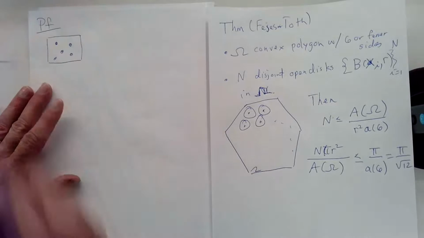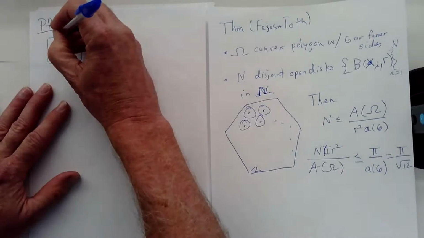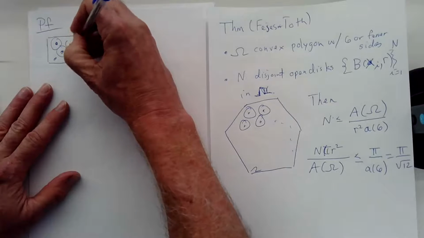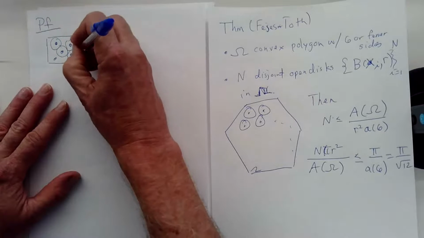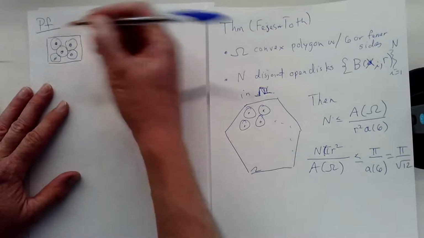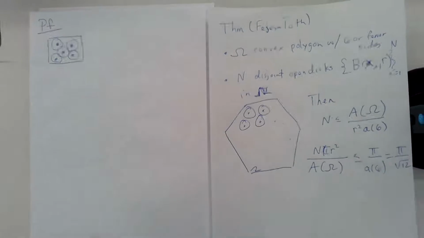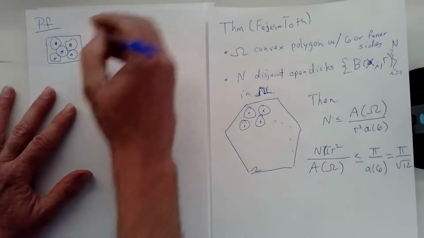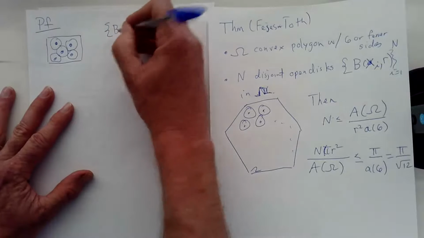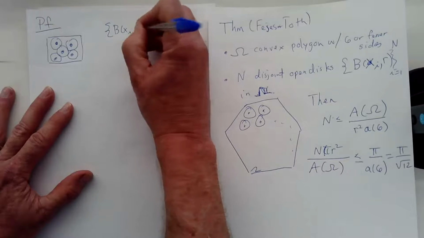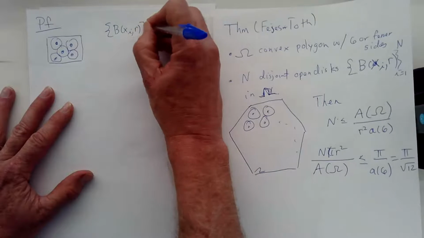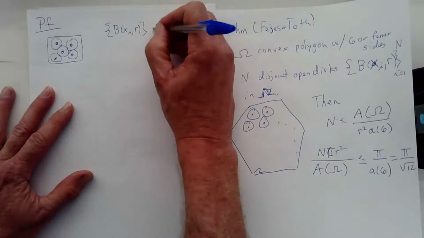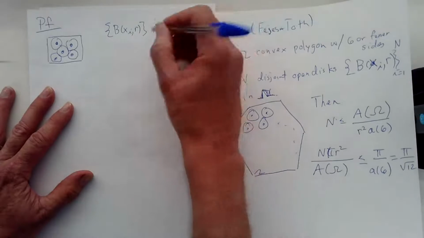So we have non-overlapping balls B(x_i, r), all supposed to have the same r. These are in omega, disjoint.